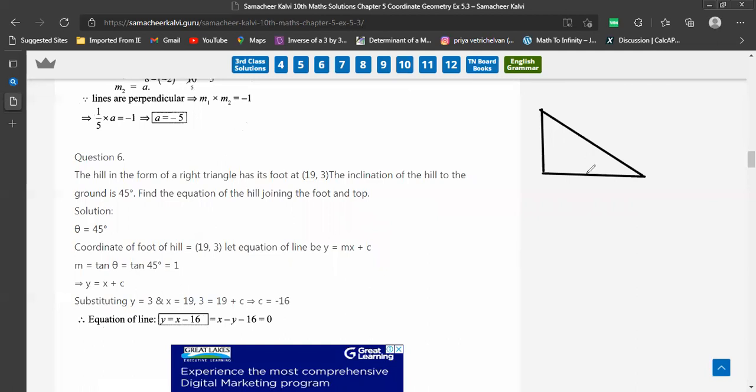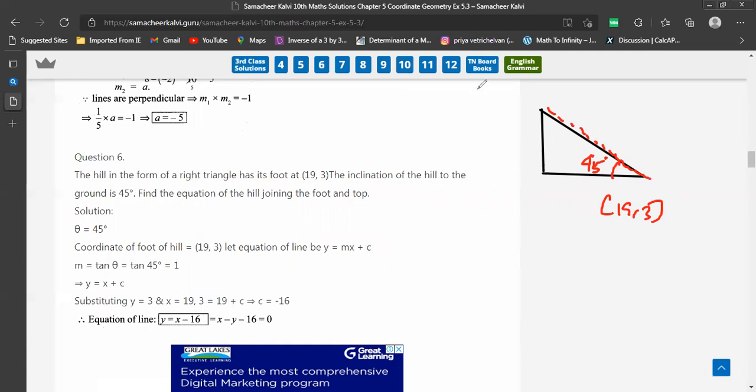Find the equation of the hill joining the foot and the top. Your inclination is 45. The foot is 19,3. They're asking about the line joining the foot and the top.